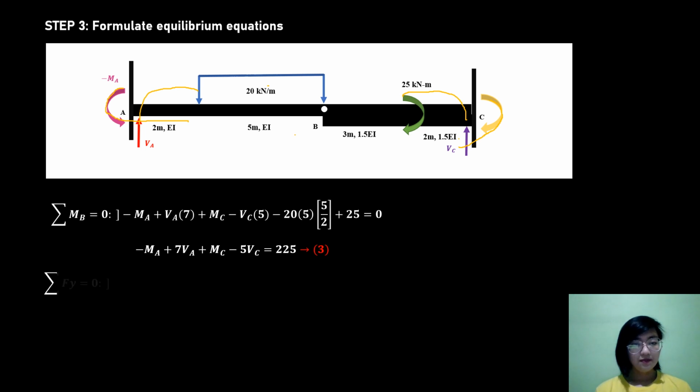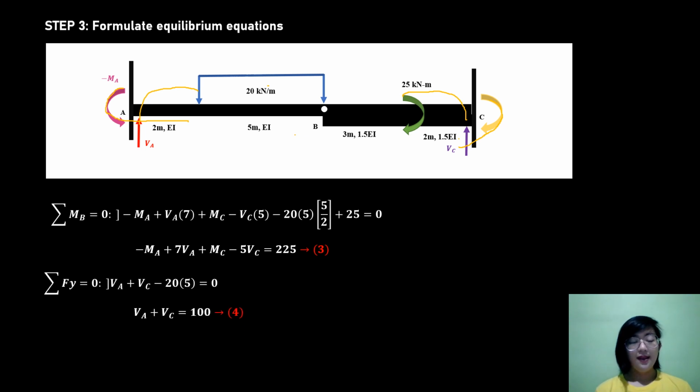So, next, we will have summation forces Y or summation forces vertical equals to 0. We will have VA plus VC kasi pataas and VC pataas din siya. So, VA plus VC minus yung rectangular load na pababa, which is 20 times 5 equals 0.